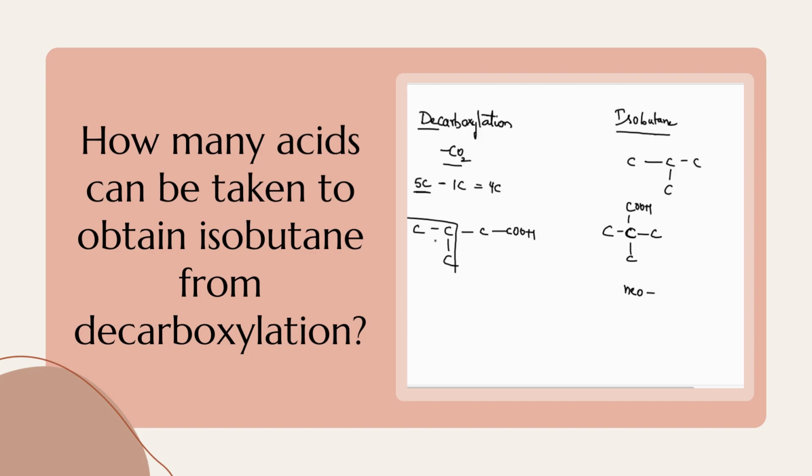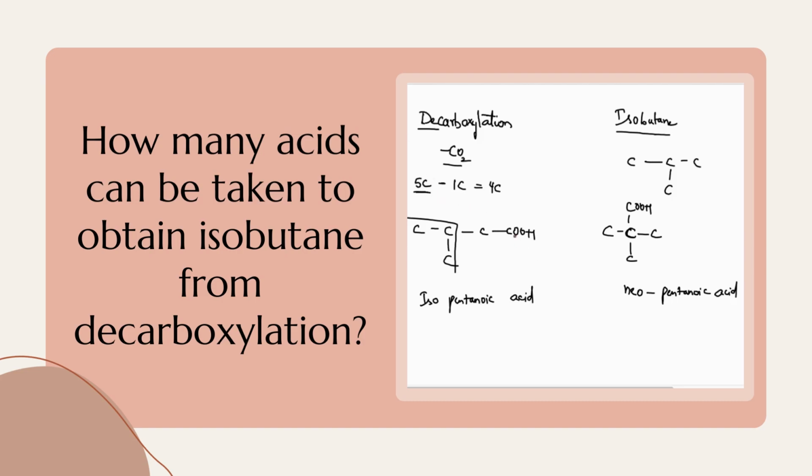Since both the compounds are containing 5 carbons, the name is neopentanoic acid and isopentanoic acid here. Isopentanoic acid.